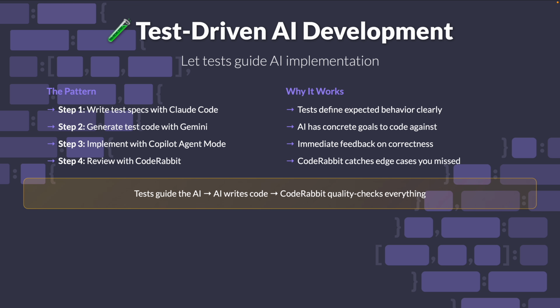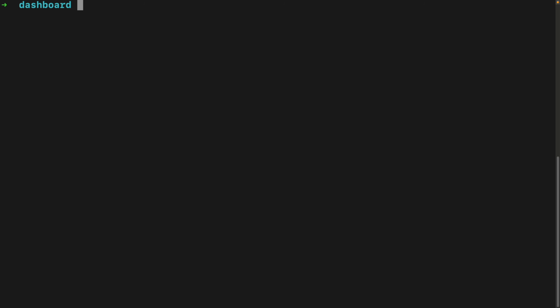Then you can review with CodeRabbit, which is going to catch different edge cases you missed. So the tests can guide the AI implementation, and CodeRabbit quality checks everything. This is a good pattern because tests give the AI concrete goals to code against, and then you have immediate feedback on correctness. So let's try combining everything right now.